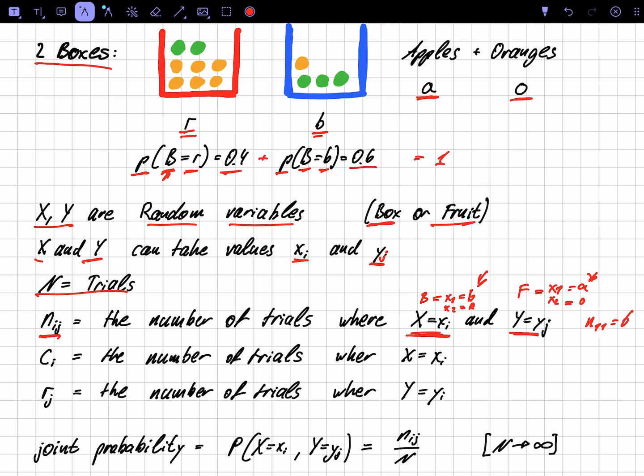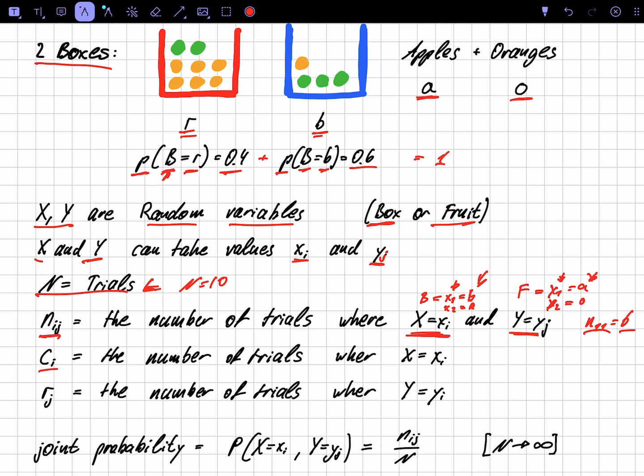So we took out n trials, and 6 of those, n_11, we took out, for example, n equals 10, we had 10 trials, and n_11, this should be y_1 and y_2. So n_11 was a blue box and an apple, and that was 6 times.